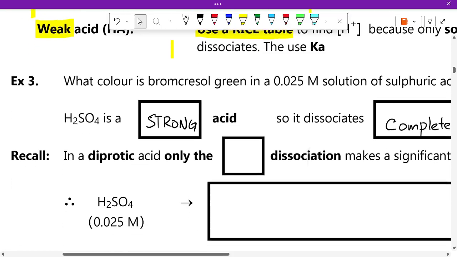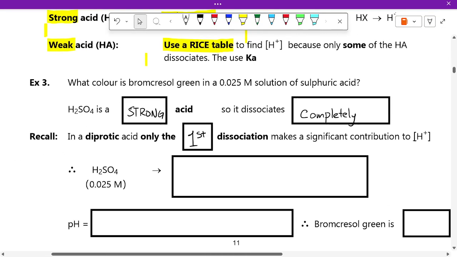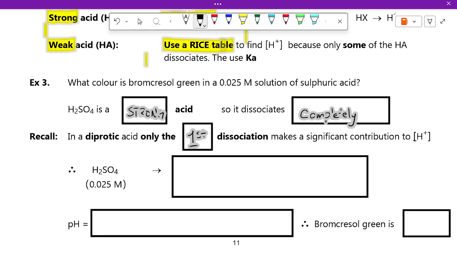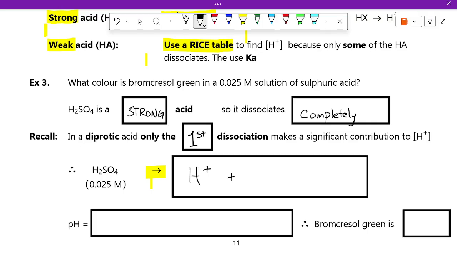Okay, recall in a diprotic acid, only the first dissociation makes a significant contribution to the hydrogen ion concentration. So what this would look like is H2SO4 one-way arrow goes to H plus and HSO4 minus, which means that the concentration of hydrogen is 0.025 molar.